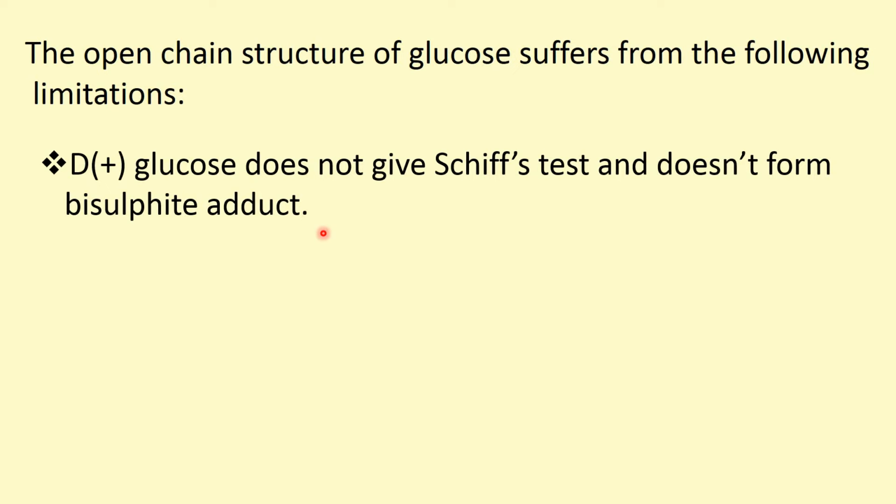And carbonyl compounds undergo a nucleophilic addition reaction with bisulfite, that is on treatment with sodium bisulfite. Glucose has a CHO group, that is an aldehyde group, but it does not form a bisulfite addition product. That means the open chain structure of glucose cannot explain this phenomenon.